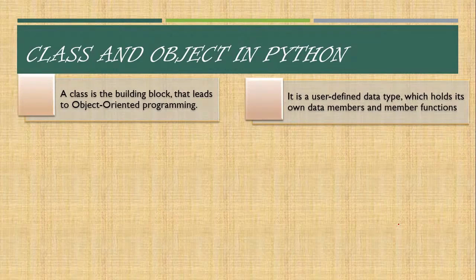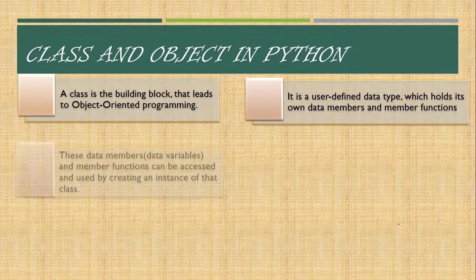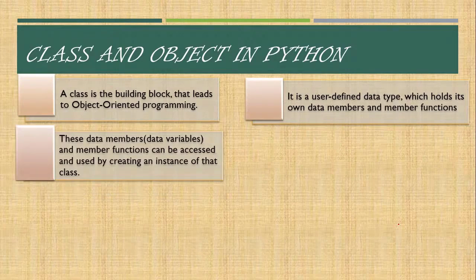It is somewhat similar to that. These data members and member functions can be accessed and used by creating an instance of that class. If we want to access any function in a particular class, we first instantiate its object, and then we use the dot operator and the name of the function or the name of the variable.